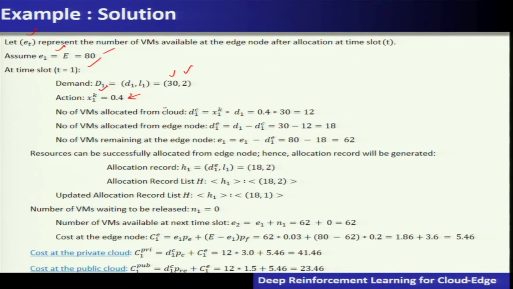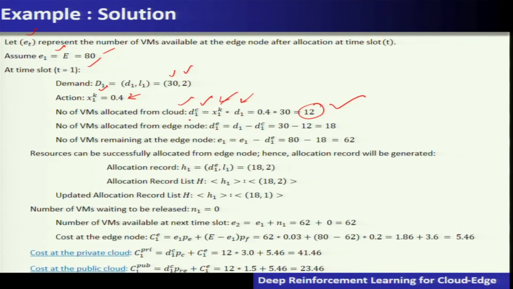So the number of virtual machines allocated from the cloud for the demand of slot 1, DC, is nothing but this fraction multiplied by the demand, that is 12, which we already showed in the previous slide.